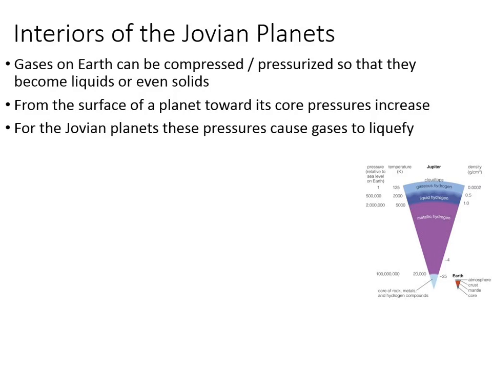With that in mind, if we look at the interior of Jupiter, we actually see that sort of phenomenon going on. The gas giants are mostly hydrogen and helium. Anytime you go towards the center of a planet or a star, pressure increases. So here we have hydrogen that's gas, pressure increases. Here we have hydrogen that's a liquid, pressure increases.